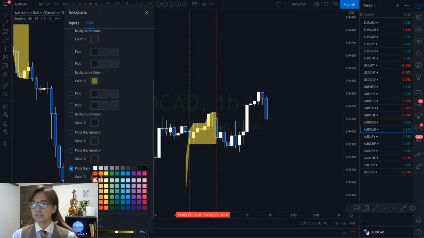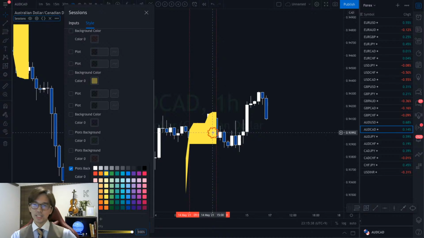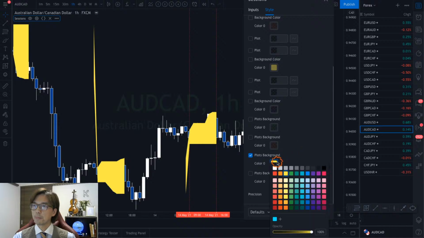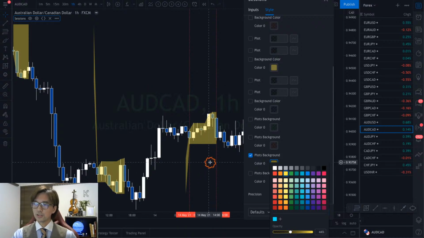If I make it full, like vivid like this, then you cannot see the candlesticks behind. So I make it a bit transparent this way so that you can also see the candles behind. And this is my Tokyo box indicator.